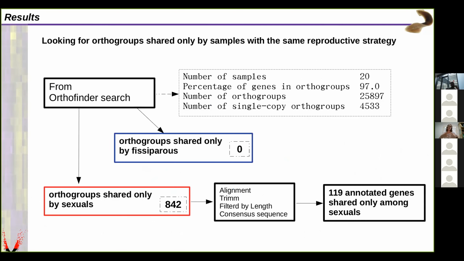Finally, we didn't find any orthogroup shared only by fissiparous samples. On the contrary, we found a lot of orthogroups shared only by sexuals, and after all the process, we obtained a set of 119 annotated genes shared only among sexual samples.